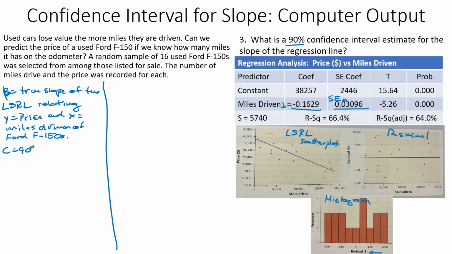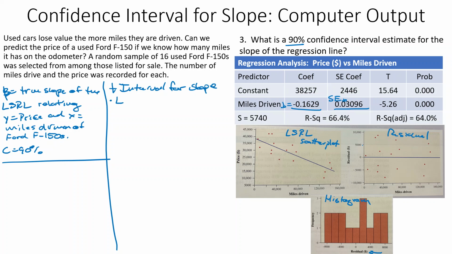Our confidence level is 90%. All right, our conditions. So let's see, we're doing a t interval for slope. You can say for beta if you want.